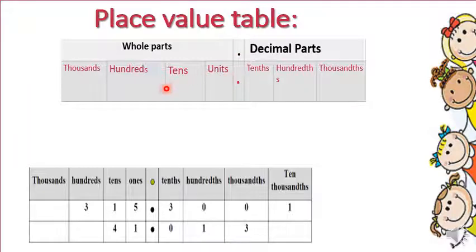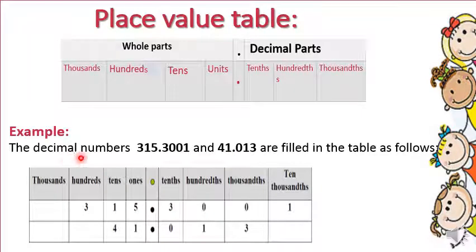To the left, we have the whole part, which consists of the units or ones, tens, hundreds, then thousands, then millions, then billions. And in the decimal part, we have tenth, hundredth, thousandth, and sometimes the ten-thousandth. Look here, the decimal numbers, this one and this one, are written in this table in this way.